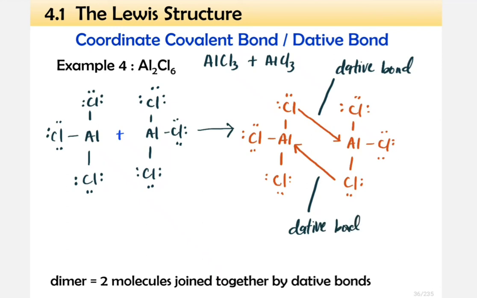Okay, so untuk Al2Cl6 actually it is a dimer because two molecules join together by dative bonds. Alright? Okay, jadi kita dah habis ke semua example, dah go through cara untuk lukis and how to show the formations of the dative bond, okay, ataupun coordinate covalent bond by using Lewis structure.